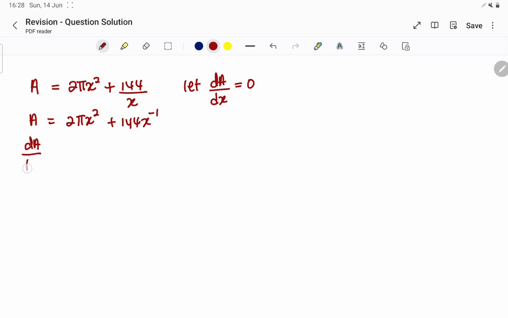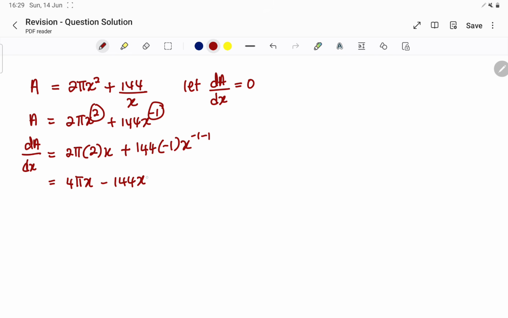So you differentiate A: you get 2 pi, bring the 2 in front, giving 2 pi times 2x to the power of 1, and then 144 multiplied by negative 1 because we bring the power in front, and x to the power of negative 1 minus 1. So you get 4 pi x minus 144 x to the power of negative 2, which is 4 pi x minus 144 divided by x squared. So this is your dA/dx.